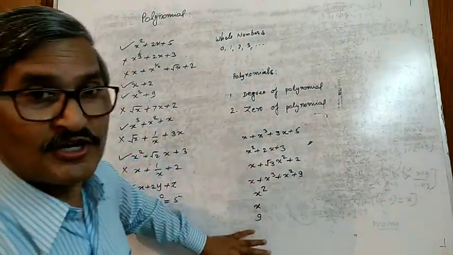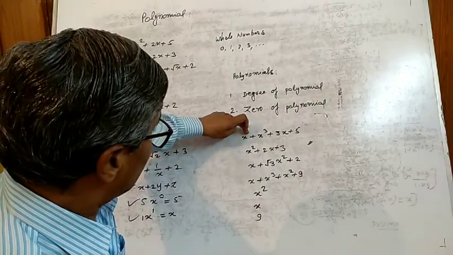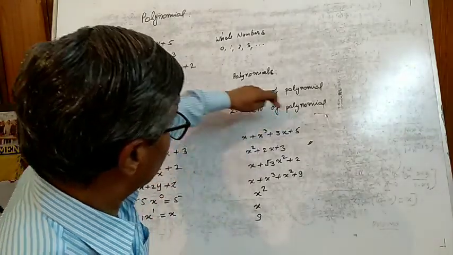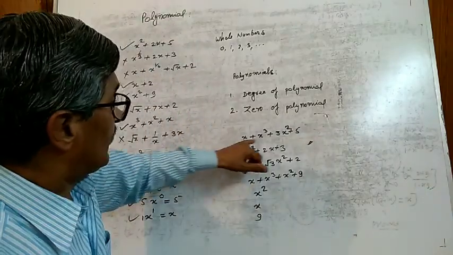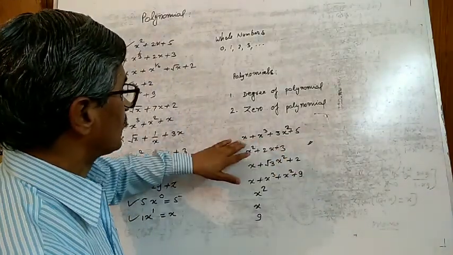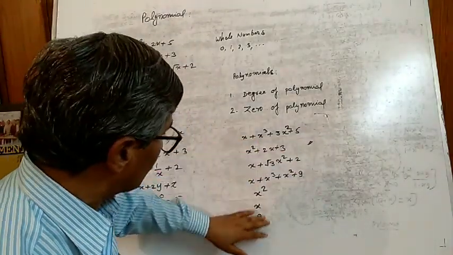These are the polynomials. Here you see exponent of all the variable involving in this one, x square here, is whole number. So this is polynomial. These all are polynomial.